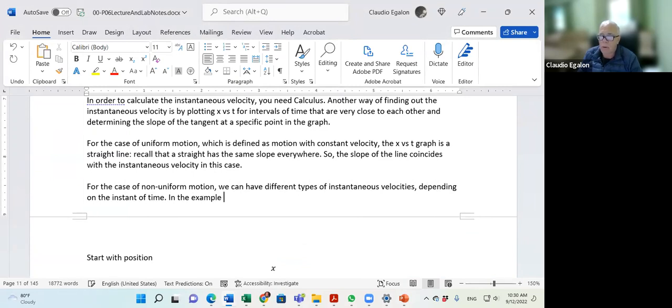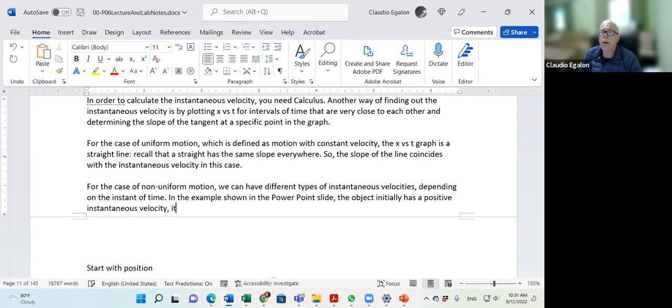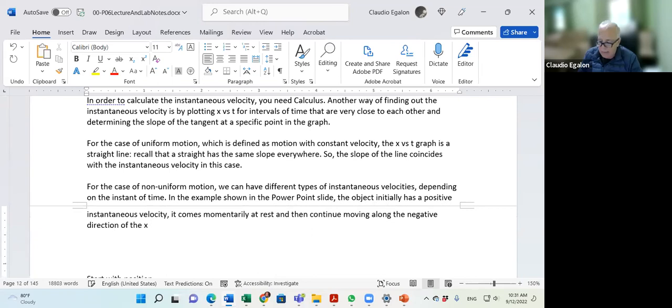In the example shown in the PowerPoint slide, the object initially has a positive instantaneous velocity, it comes momentarily to rest, and then continues moving along the negative direction of the x-axis, okay?